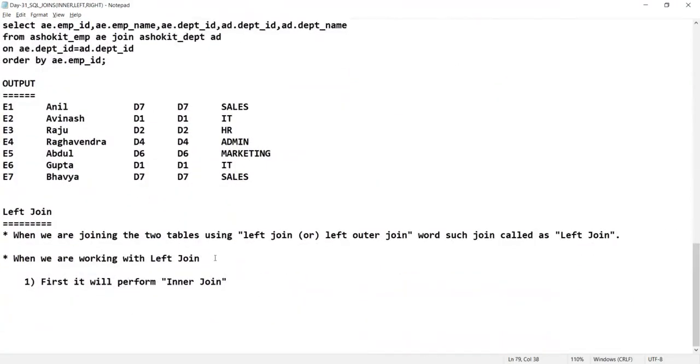Left join or left outer join, both are one and the same.